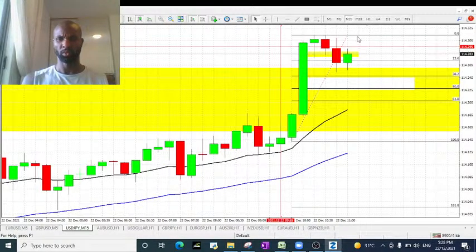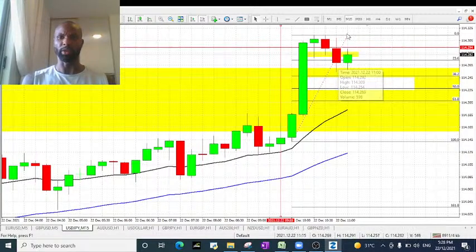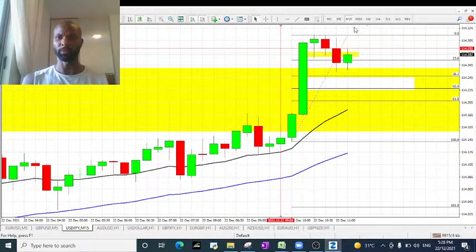This 15 minute candle is bearish. Of course, if the current candle closes anywhere like this, above this one, I might even add to my position. But let's see how it closes.